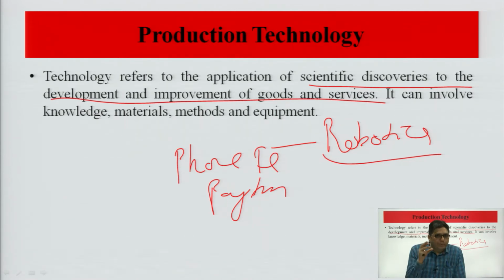Similarly, in production, we must use advanced technology so that we are in a position to produce quality products, cut cost, minimize or cut wastage, and improve the overall quality of the product.